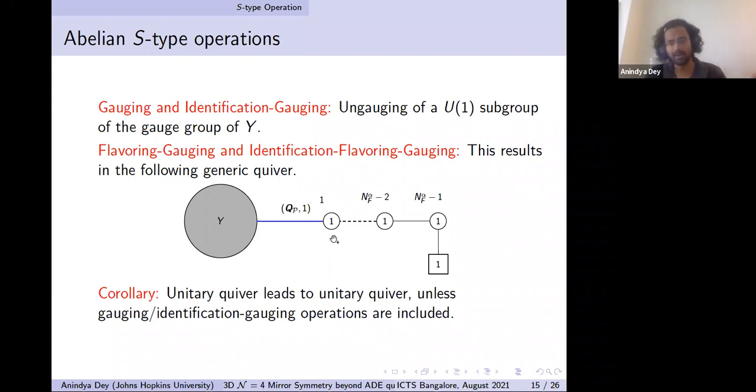So if you had a UN, it would not become, for example, an SUN. The most that can happen is that you have these two subquivers and some additional hypermultiplets, but you don't produce special unitary gauge groups from unitary gauge groups. Is the statement clear?